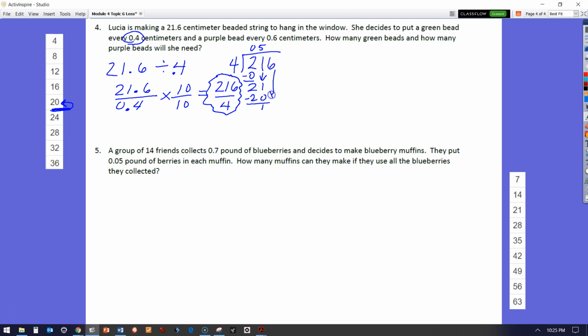Subtract 1, bring down 16. 16 divided by 4 is 4. 4 times 4 is 16. So my answer is going to be 54 for the first part. So she's going to need 54 green beads. And let's take a look at the other color. What was that? Purple. Let's take a look at the purple beads.